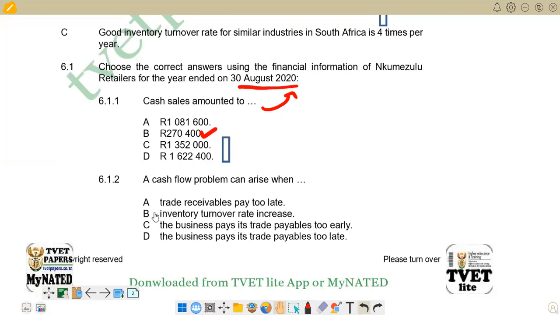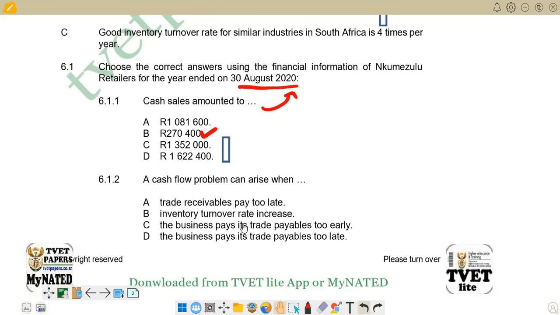Then we have some responses that are going to follow. It says that inventory turnover rate increases. When it increases, it means we are not going to have cash problems. We are actually going to have cash in the business, because a high turnover means we are selling at a faster rate, so we receive cash each time and again.